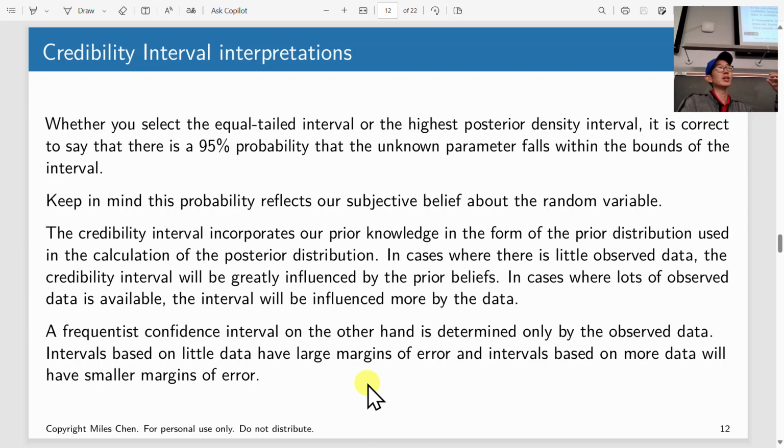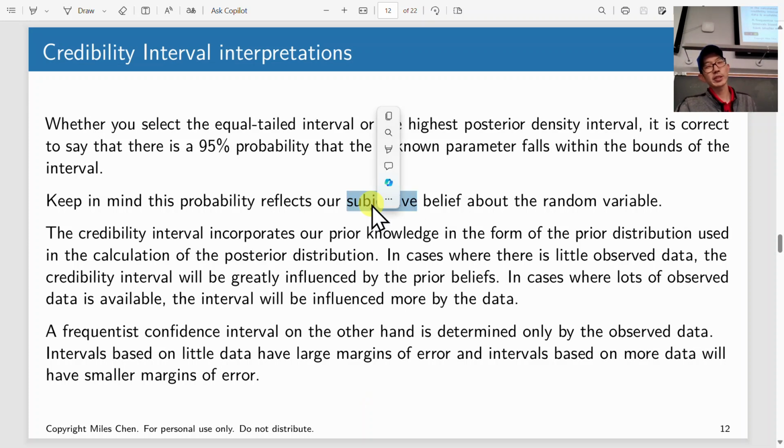Okay, so if we're talking about the baseball example, I said this is going to be the shape of the distribution before we even looked at the data. Okay, and then we combined that with the data we saw, and so that still reflects our subjective belief.